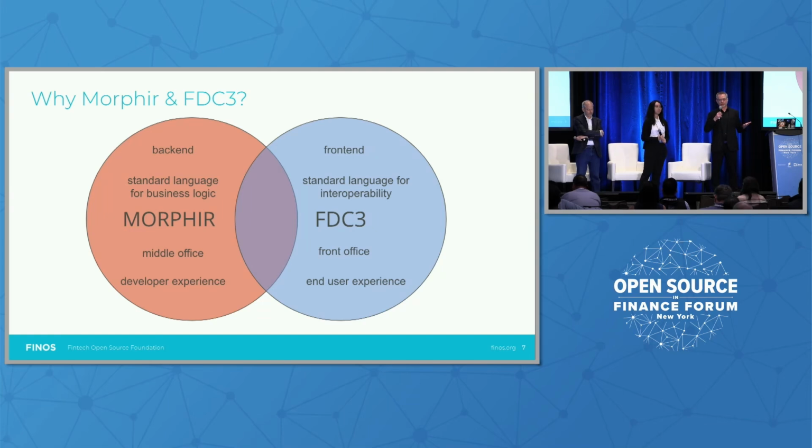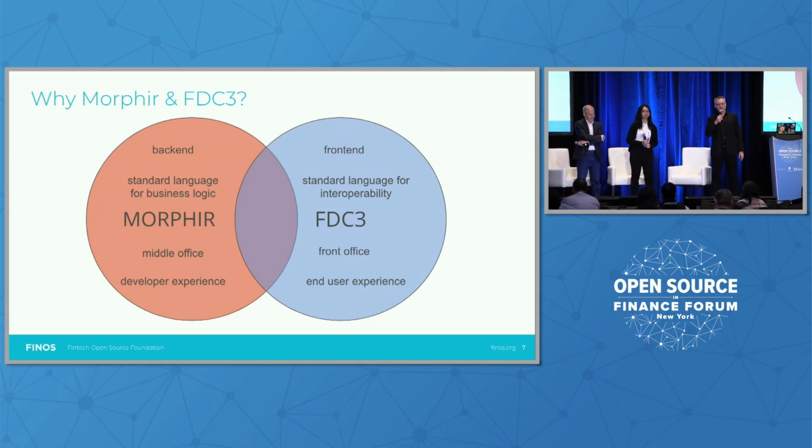That's why the whole application exists. So all the database stuff, all the microservices stuff, that's all side information. But if we want to just focus on what is important to the developer, it is the business logic, and that's what Morphir gives us.